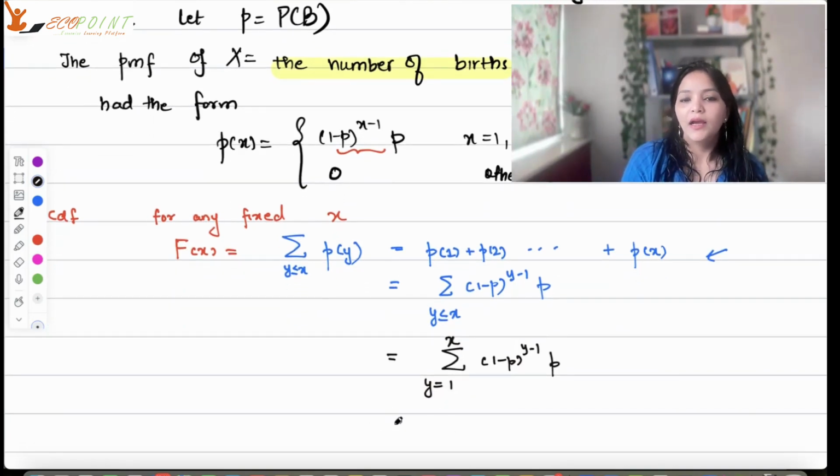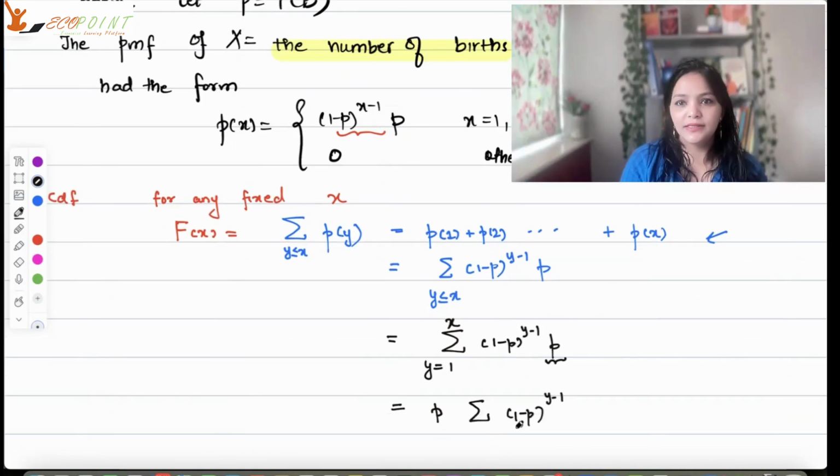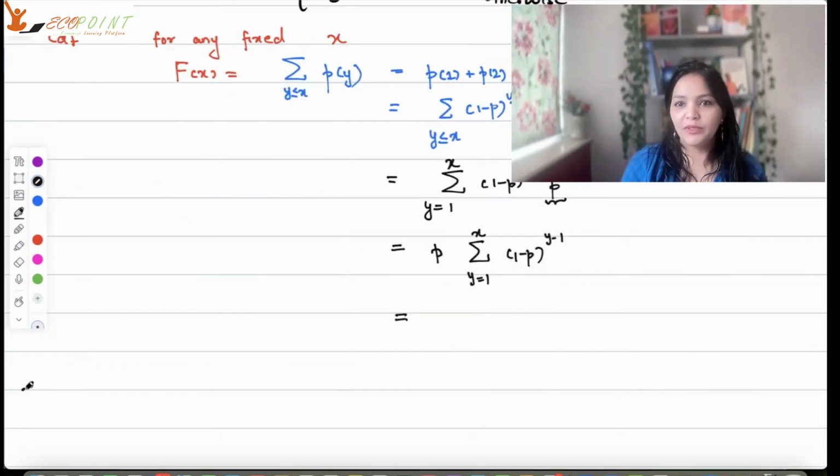And what you can see here is that p is just a constant, it doesn't have the variable in it. So I can take p outside. This is the summation of (1 minus p) to the power y minus 1, where y goes from 1 to x. Let's play with this summation. So p is outside.